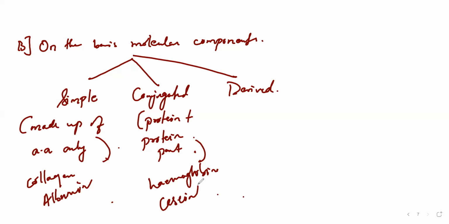Then comes the derived protein. Derived protein means whenever a natural protein breaks down partially and forms another molecule, then that is called a derived protein. So this is formed by partial breakdown of natural protein.